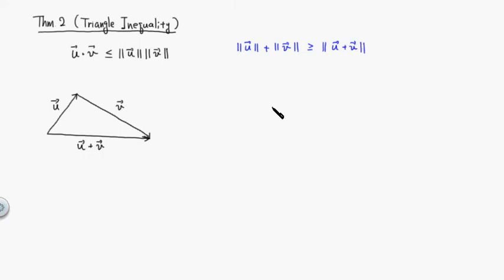Then, since these are all positive quantities, we can square both sides. So we have the norm of u plus the norm of v, squared, is still greater than or equal to the norm of u plus v, squared.